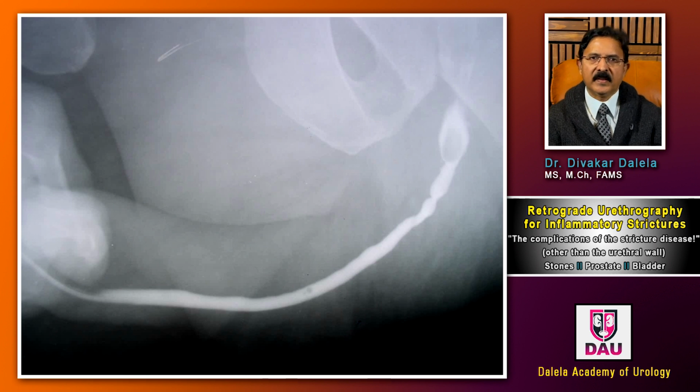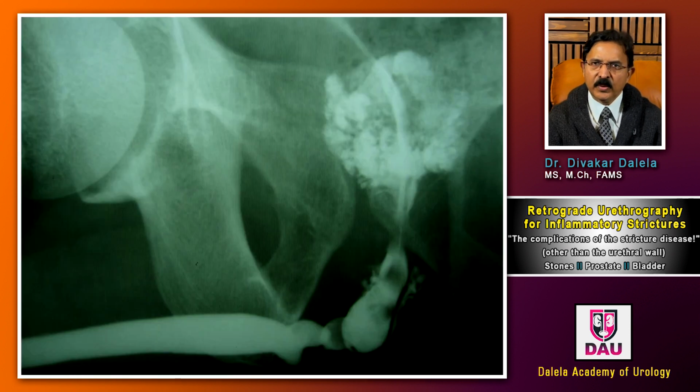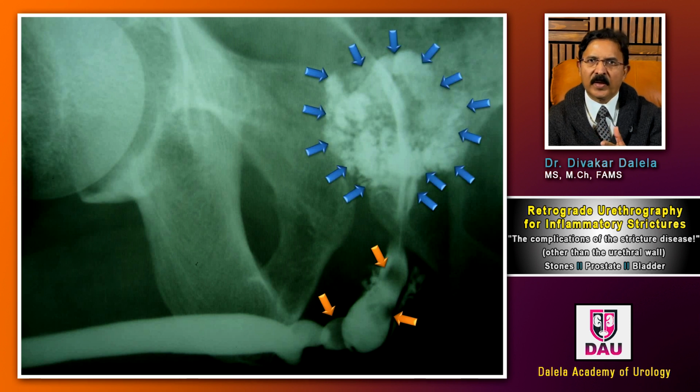But if you believe me, and if you take my words, this patient had a radiopaque shadow here, and I don't have a plain film of this patient, unfortunately. So this was a radiopaque shadow here, and in a urethrogram it looked like this. If you look at this retrograde urethrogram film, and maybe you have seen this film in my earlier presentations also, you will see some negative shadows in urethra proximal to stricture, and you see a lot of contrast going in the prostatic ducts and showing you something what I call prostatogram, right?